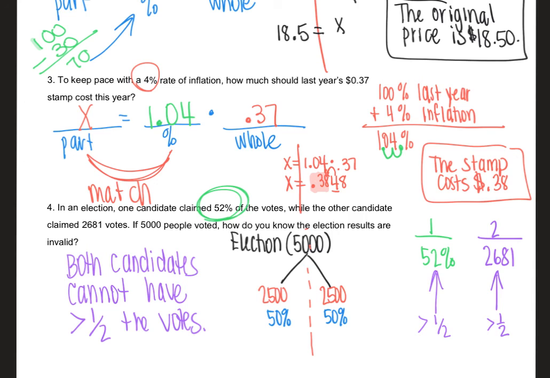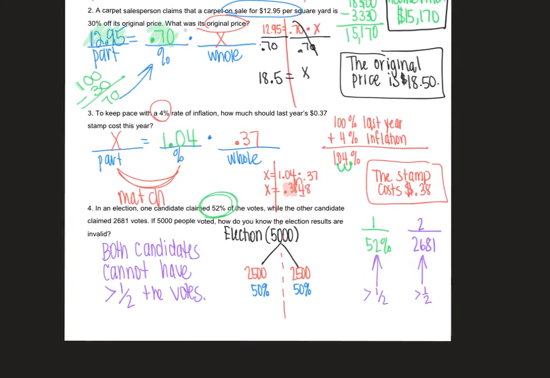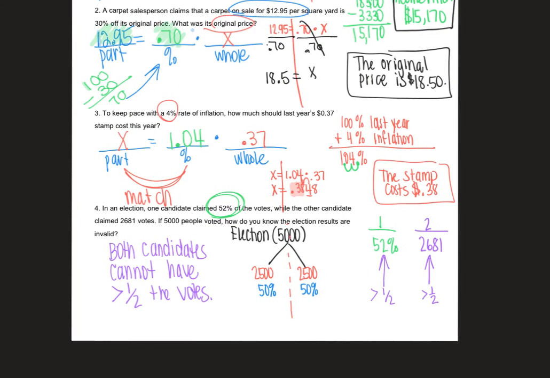So you can't have it be more than half for each of them. All right, so try some of the percentage word problems. They're all a little bit different, but again, you're always trying to put that part equals percent times whole, and you want to make sure that the part number is matching the percentage.